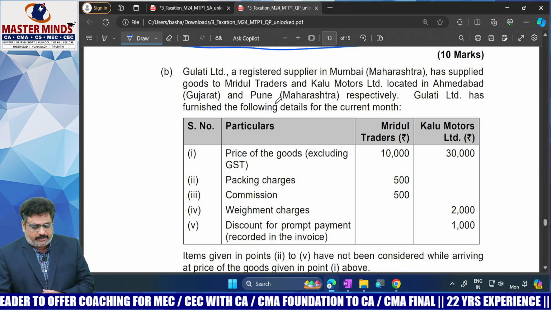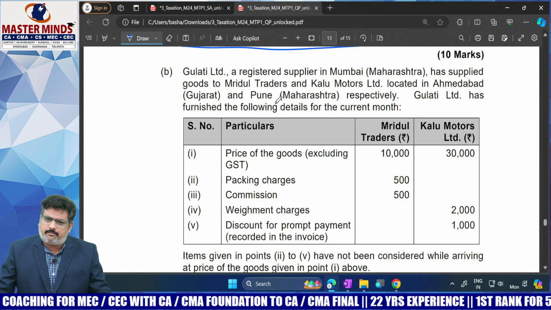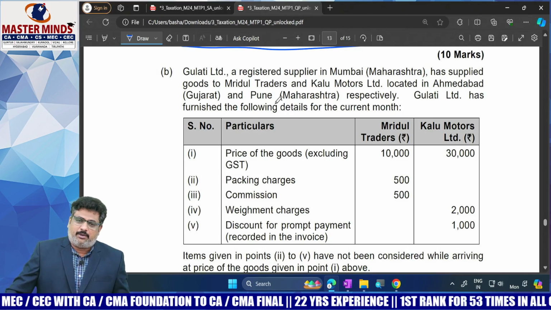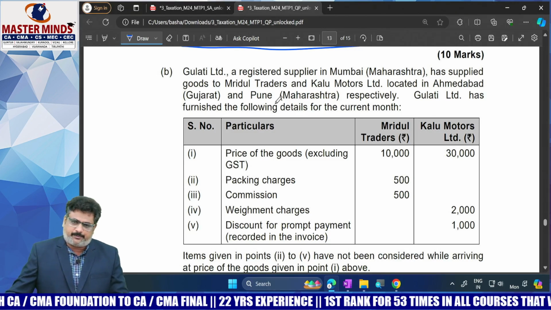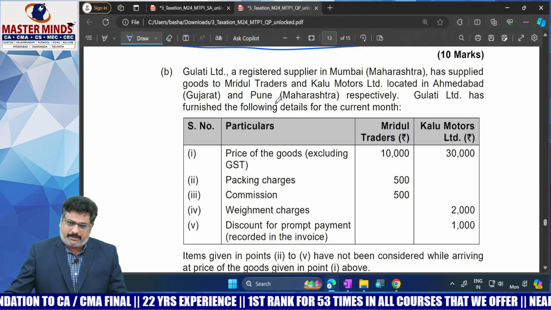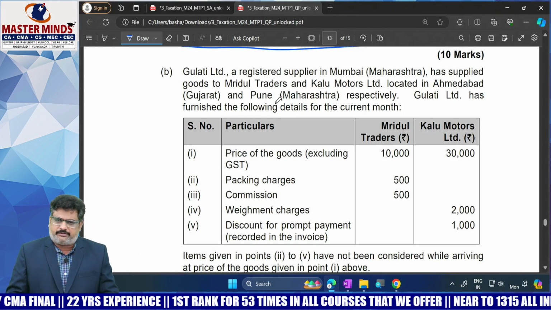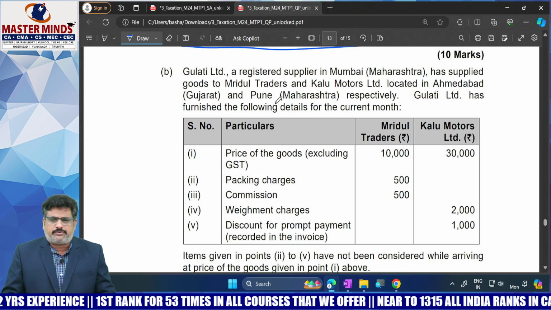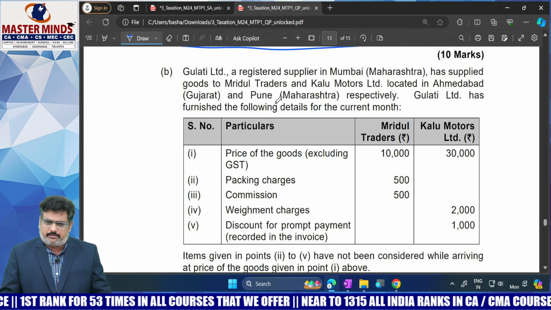With respect to the second one, Gulati Limited, a registered supplier in Mumbai, Maharashtra, has supplied goods to Mridil Traders and Kalu Motors Limited, located in Ahmedabad, Gujarat and Pune, Maharashtra respectively. Gulati Limited has furnished the following details in the current month: price of the goods, packing charges, commission, weighment charges, discount.